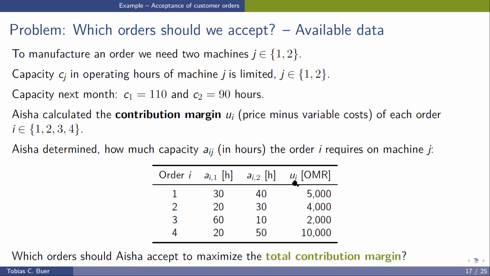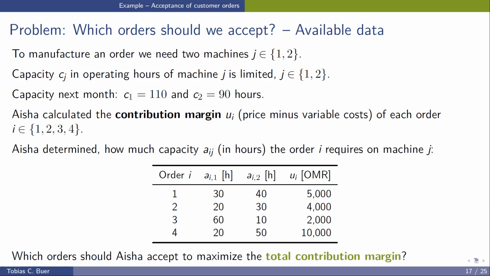Orders are denoted with the letter i. So that means the contribution margin, price minus the variable cost, of order number 3 is 2,000 Omani Rial. For order number 1, in the first line of this table, the contribution margin is 5,000 Omani Rial.